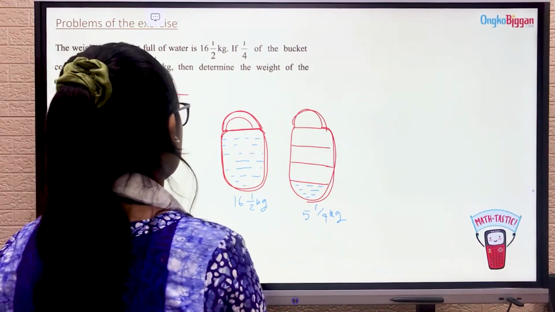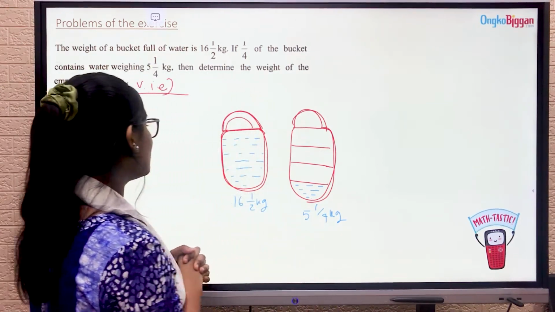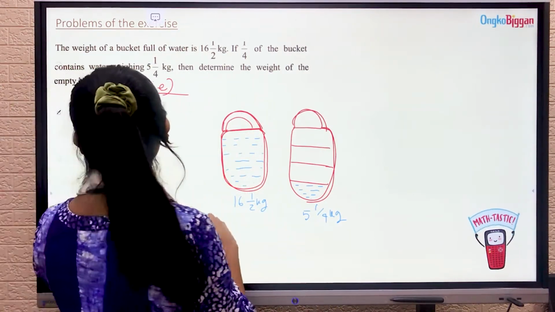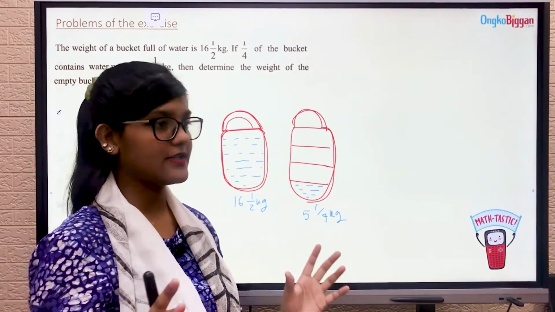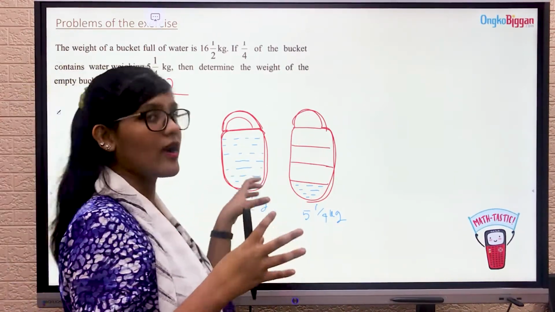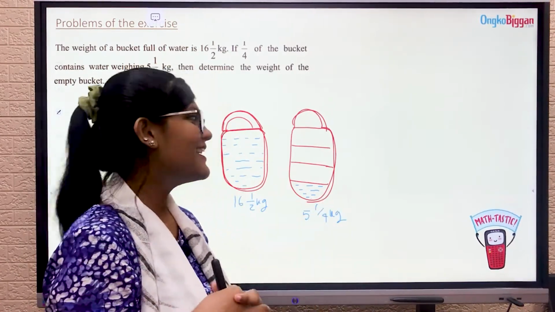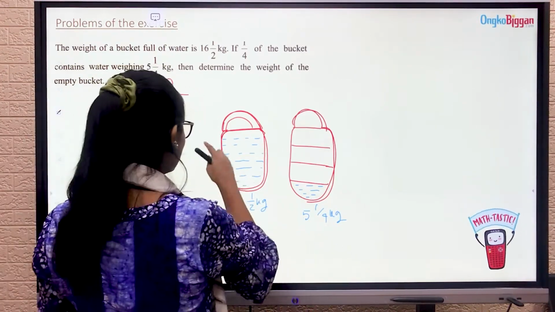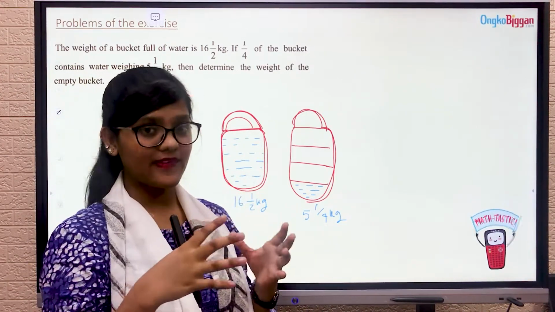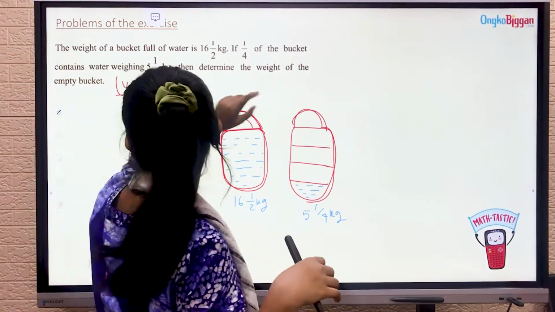So let's think. If it is said that the weight of a bucket full of water, that means including the water. Water has a fixed weight, and the bucket itself also has a fixed weight, and we are to determine the weight of the empty bucket.